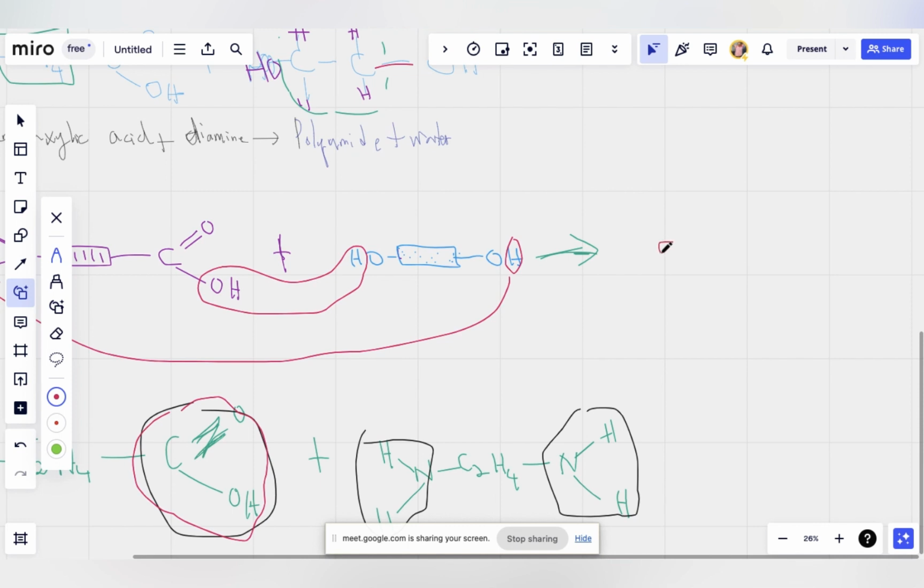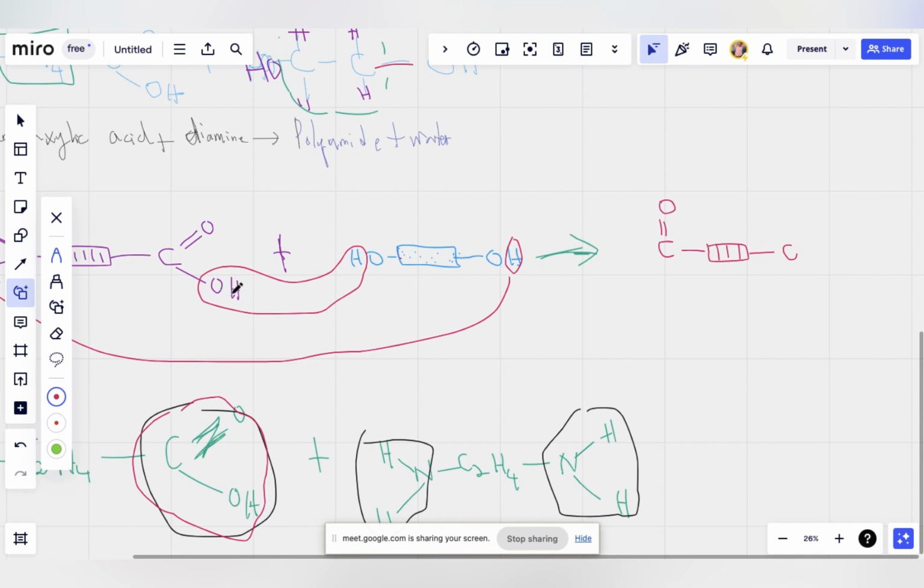You have a C to the bond. We have the bond. And then to C here, we only have a double bond to O. The single bond to OH, the OH has been used up to form water.